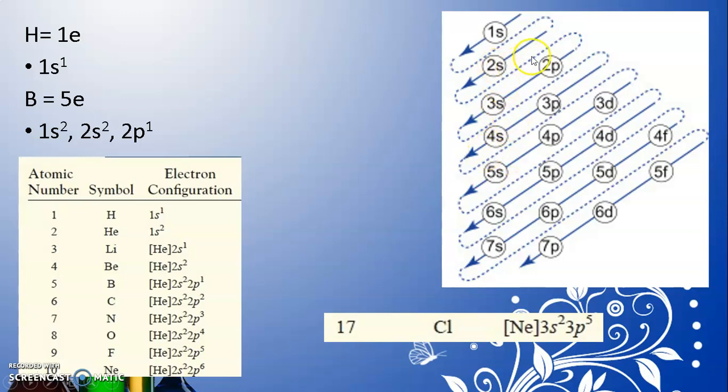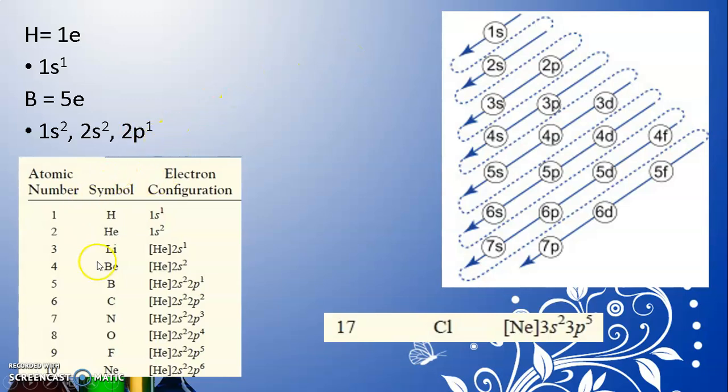You have to remember that your p subshell can occupy a maximum of 6 electrons, your d subshell can occupy 10 electrons, and the f subshell can occupy 14 electrons.